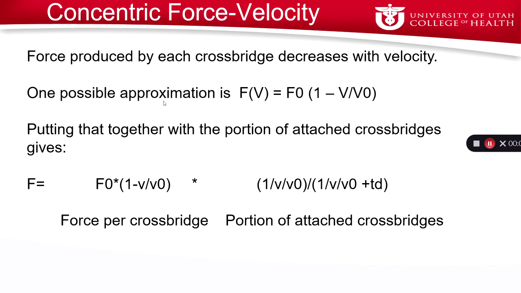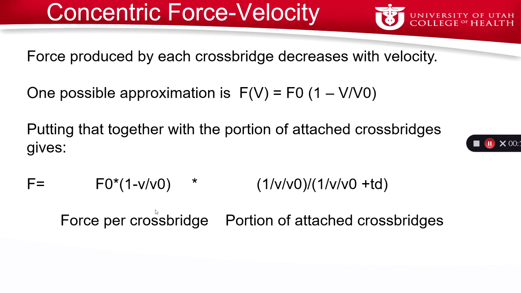One possible way to approximate that decrease is with a linear relationship, which is isometric force multiplied by 1 minus the relative velocity. So this would decrease to 0 at Vmax, which is what we know force does. And so if we put that together with the portion of attached cross bridges, which we derived a minute ago, then we would get this equation.